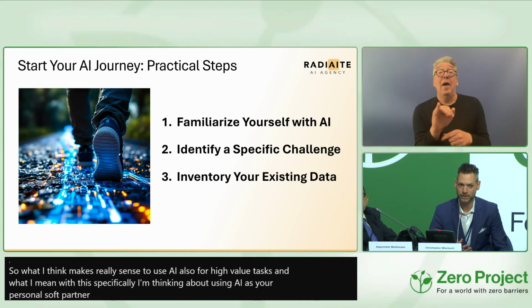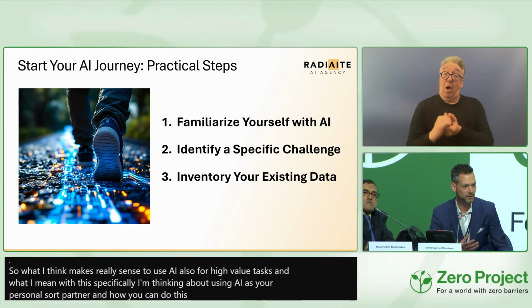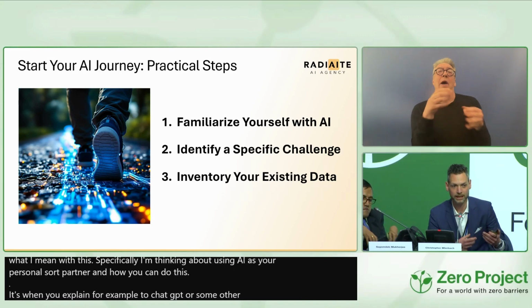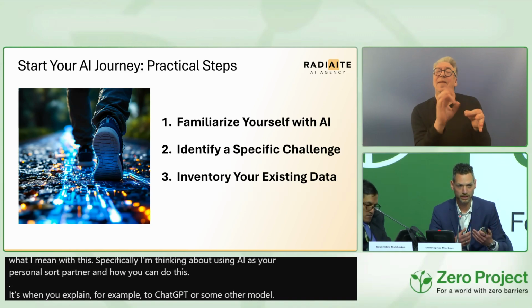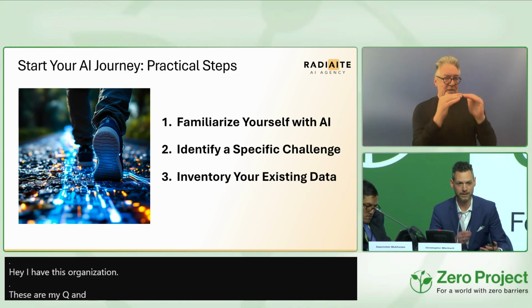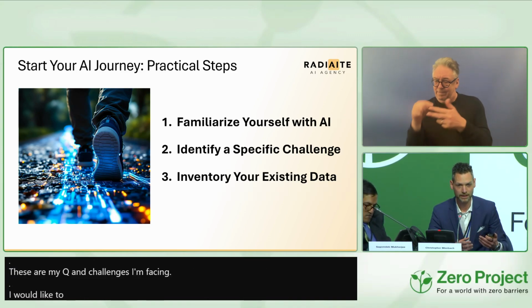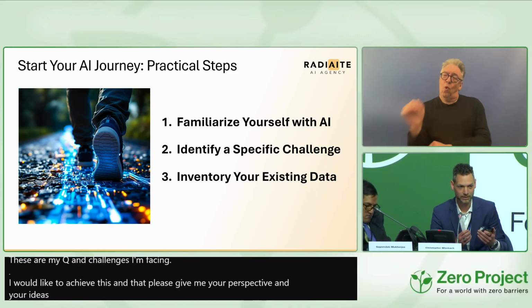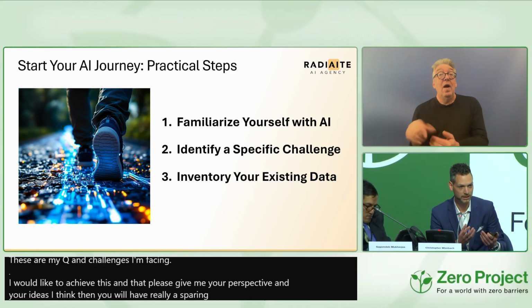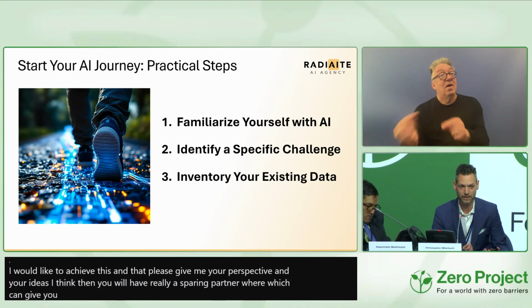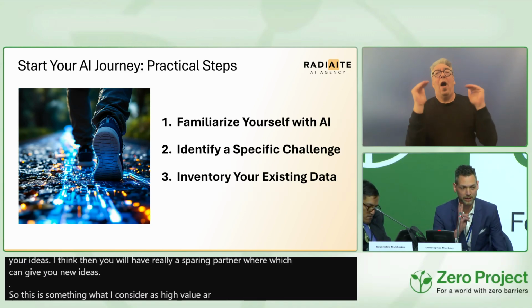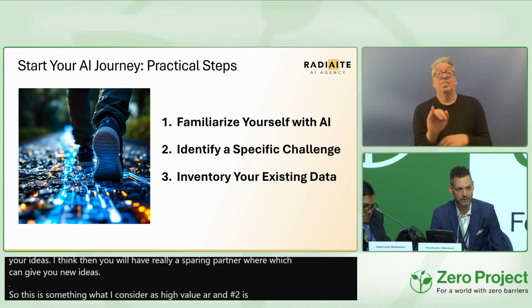You explain, for example, to ChatGPT or some other model, hey, I have this organization, these are the current challenges I'm facing, I would like to achieve this and that. Please give me your perspective and your ideas. I think then you will really have a sparring partner which can give you new ideas. This is something I consider high-value AI. And number two is identify a specific challenge.